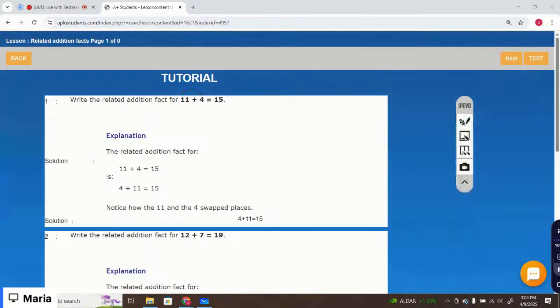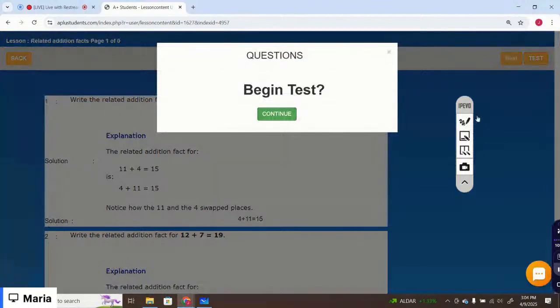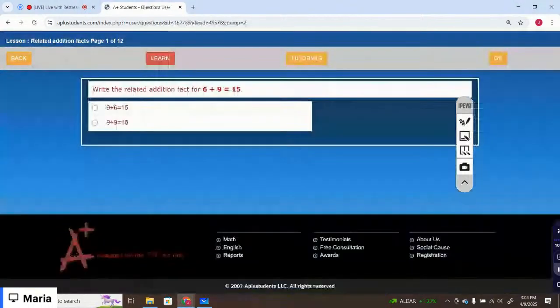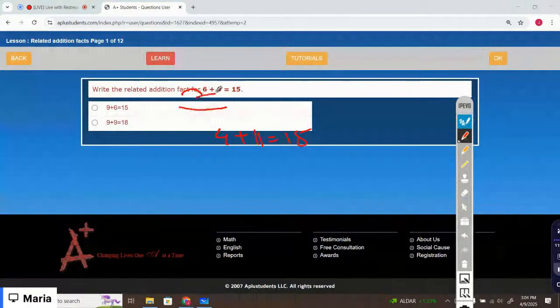Let's just start with the test question. So basically, in the related addition facts, just the places of the two numbers that have the operator are swapped. Alright, the related fact for 6 plus 9 equals 15. On the side where you have two numbers and the operator, you just have to swap the position of these two numbers.